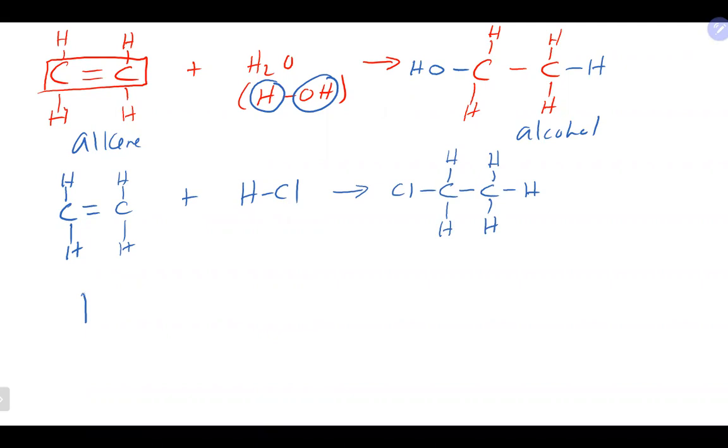Doesn't matter if it's like a ring structure like this that has a double bond in it, and you add something like water, which would be HOH. The only part that I'm going to worry about is right there. I'm going to turn my double bond into a single bond.